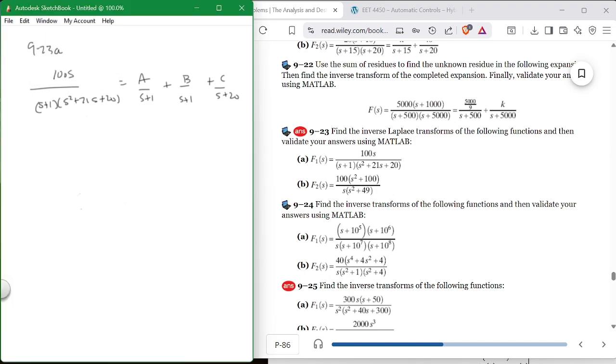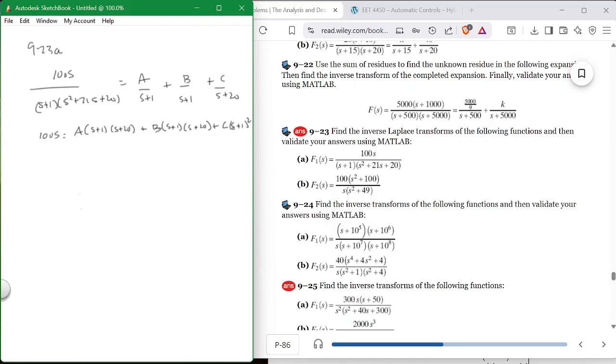Okay, so here is the split. It's 100 s equal to A times s plus 1 times s plus 20 plus B times s plus 1 times s plus 20 plus C times s plus 1 quantity squared, right?